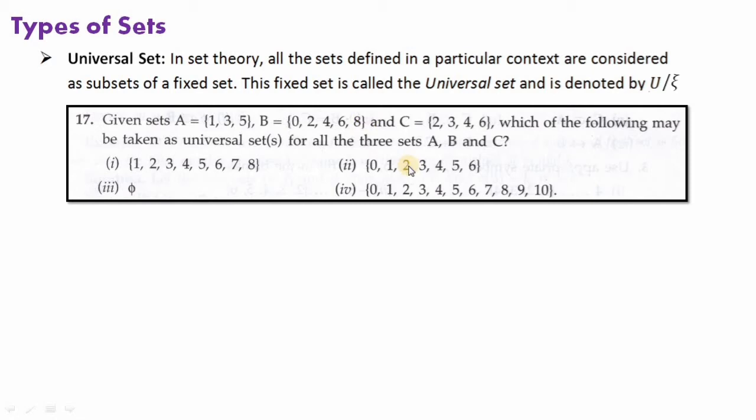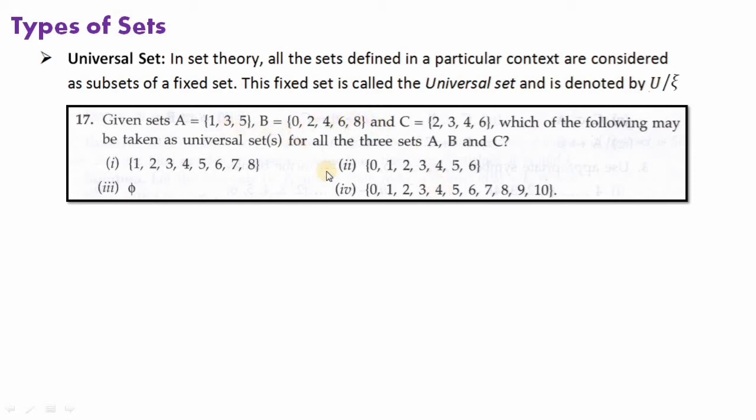So 0 is there, 2 is there, 4 is there, 6 is there, but 8 is not there, right? So that's why this cannot be taken as the universal set. Obviously this is the empty set, it does not contain any element, so A, B and C cannot be subsets of this. So obviously the last part will be my answer, but still we'll check it.